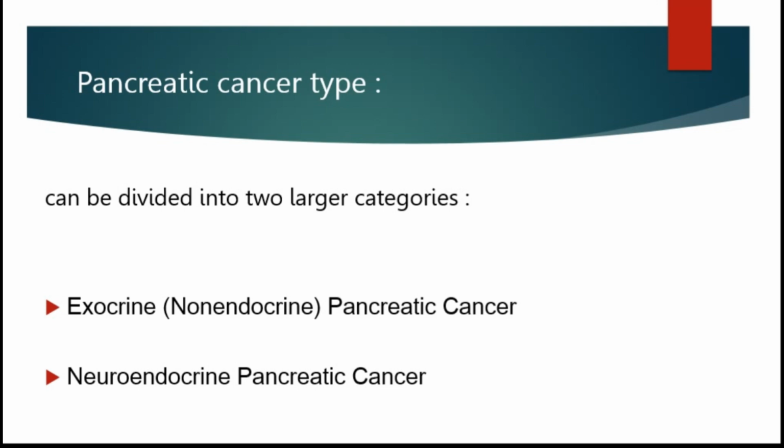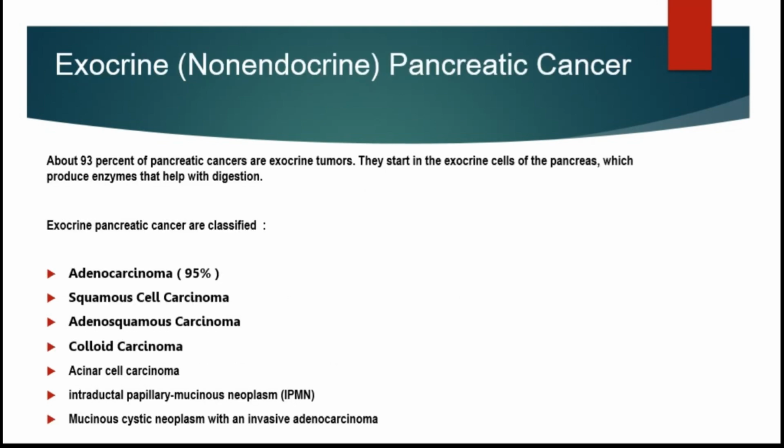About 95% of pancreatic cancers are exocrine tumors. They start in the exocrine cells of the pancreas. We say that the exocrine function of the pancreas is producing enzymes that help in digestion, so this tumor arises from the exocrine cells.